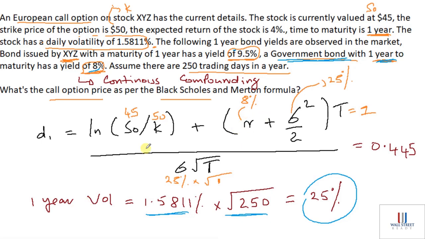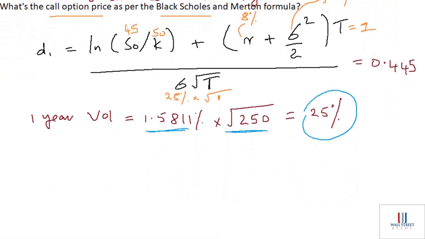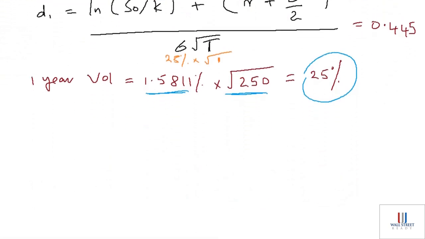So we have D1 0.445, and we can simply calculate D2. Remember, if you know D1, D2 is simply D1 minus standard deviation times the square root of T. So you simply use your D1, which is 0.445, and you have your standard deviation.